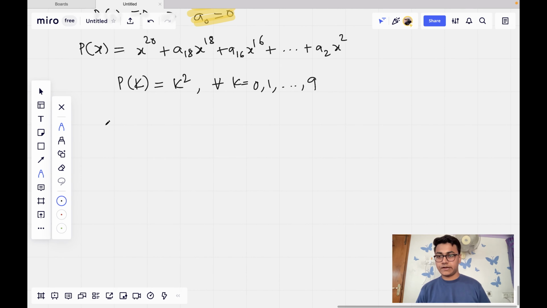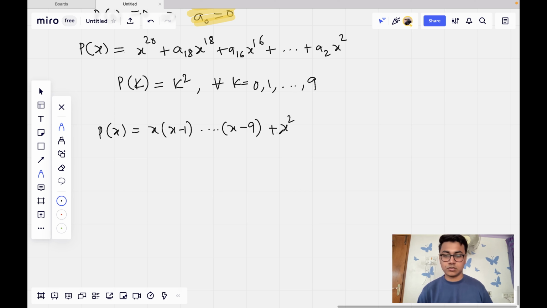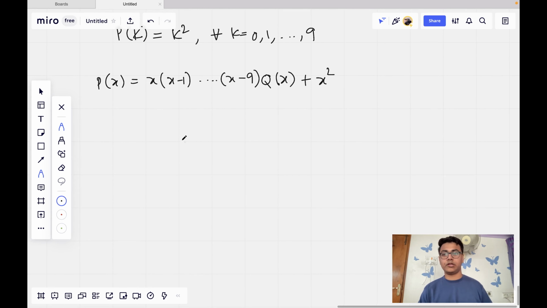This tells us that the polynomial is of the form P of x equals x, x minus 1, up to x minus 9 times something, plus x squared. That is, P of x minus x squared has all of these roots. Okay, I'm sorry, I have written something wrong. Since P of x is a 20 degree polynomial, there is another polynomial here of degree 10, plus x squared. So this is our polynomial.